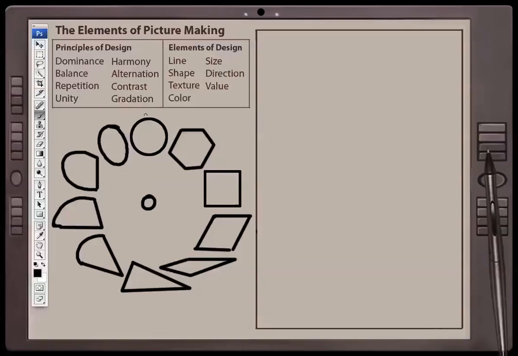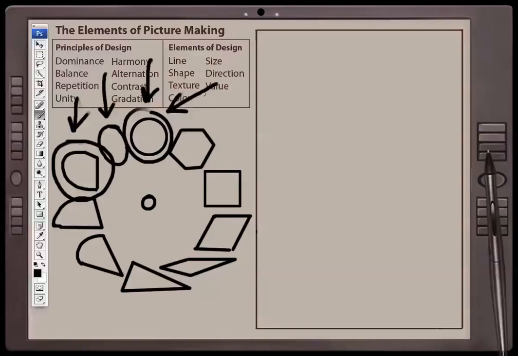Therefore, these two shapes, the oval and the circle, because they are next to each other, little change can be seen between the circle and the oval, which puts them in harmony. Now, this shape and the circle are still in harmony, but because there is a greater change between this shape and the circle, they are now in less harmony than this oval and the circle.